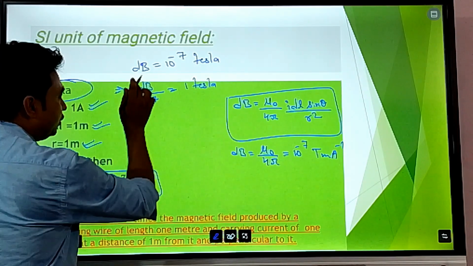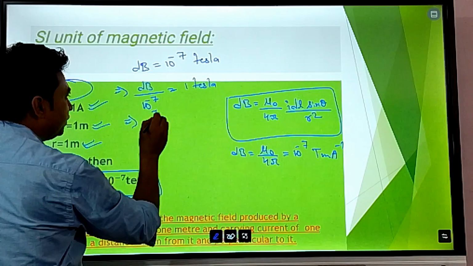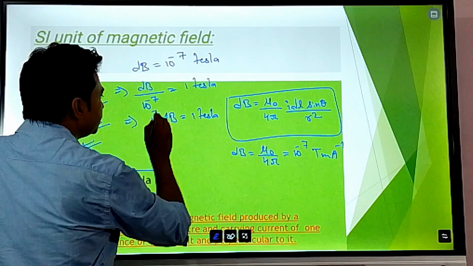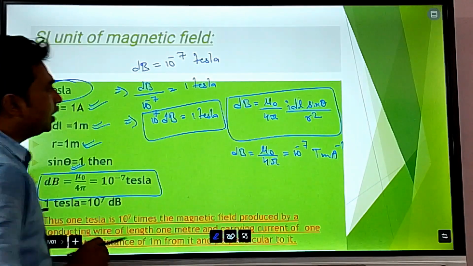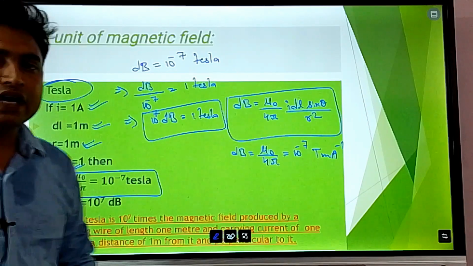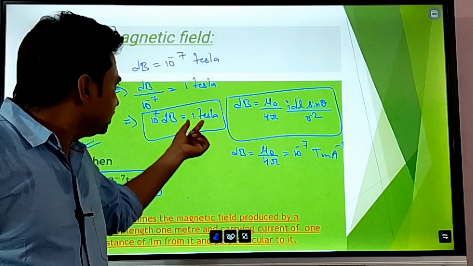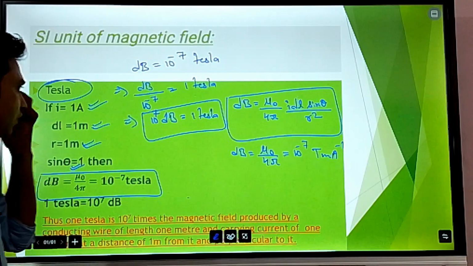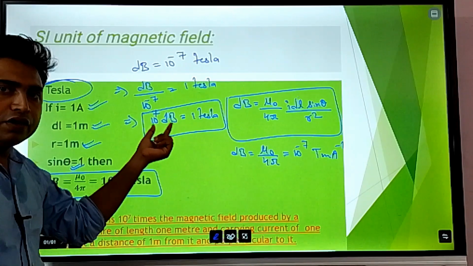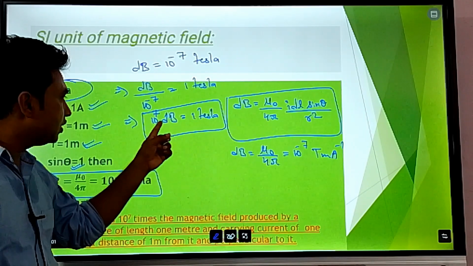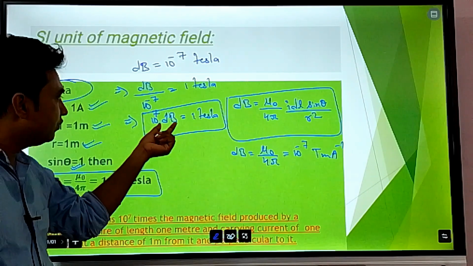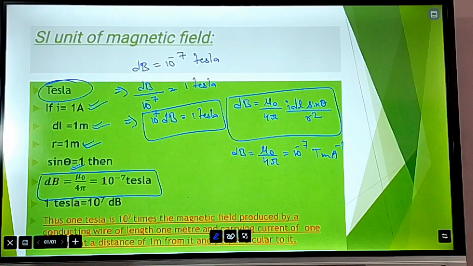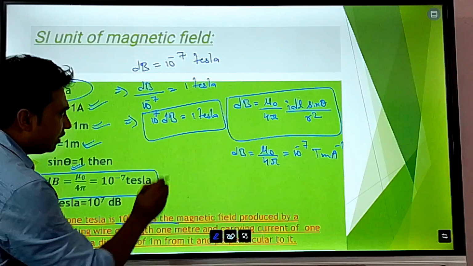So 1 Tesla equals 10 to the power 7 dB. In this way we get a relationship between Tesla and the magnetic field due to the Biot-Savart law. With the help of the Biot-Savart law we have derived an expression, and with it we find the magnetic field. So we define 1 Tesla as 10 to the power 7 times.